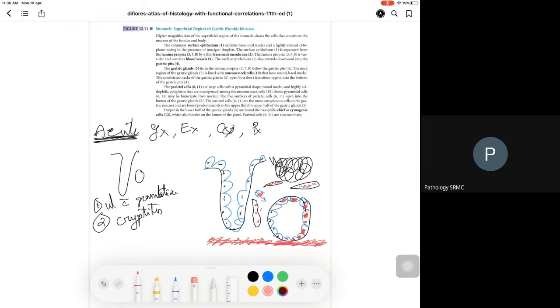And what happens when the activity is more, these neutrophils coming from the lamina propria, after attacking the epithelium, will go into the glandular spaces. So that this is like a small abscess within the crypt. That's why it is called crypt abscess.